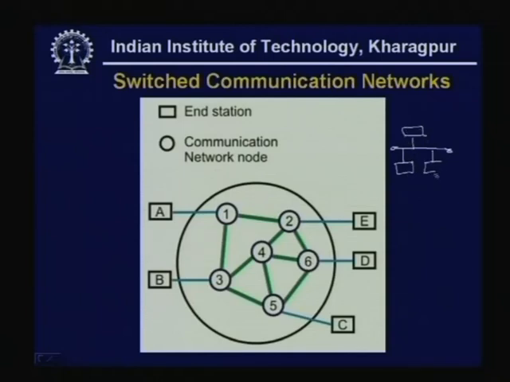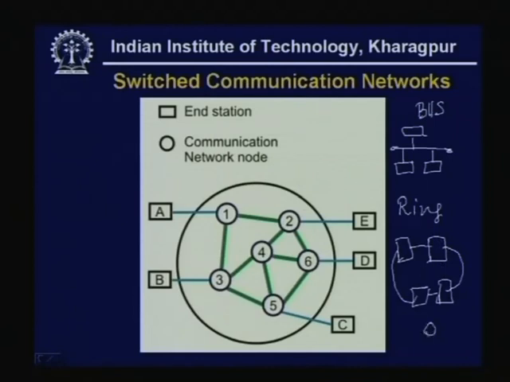This is your bus topology. So, in switched communication network you do not have bus topology. You cannot use say ring topology, in which the stations are connected in the form of a ring. So, you can see each station is connected to its neighbors. Neither is it a star like this.